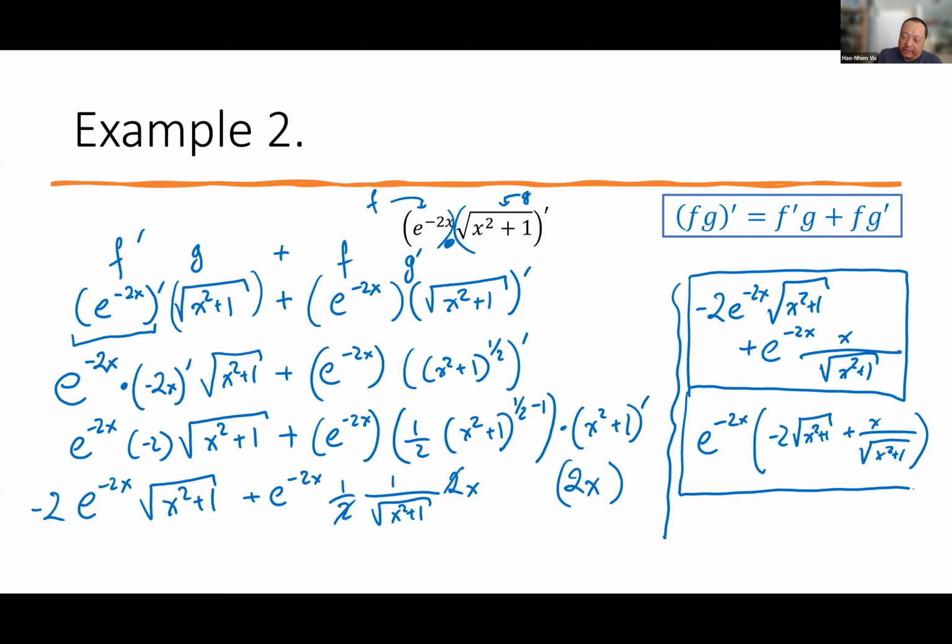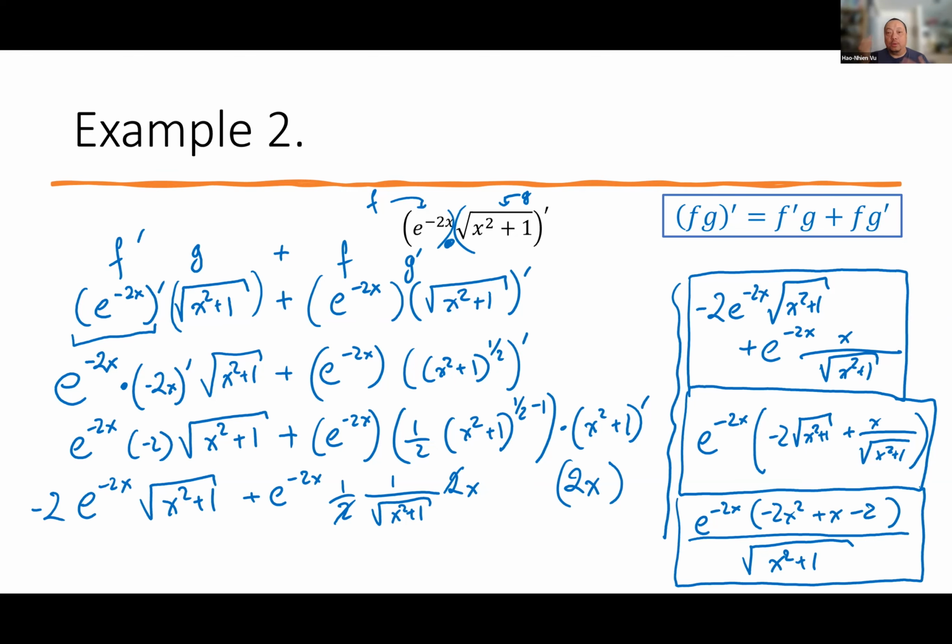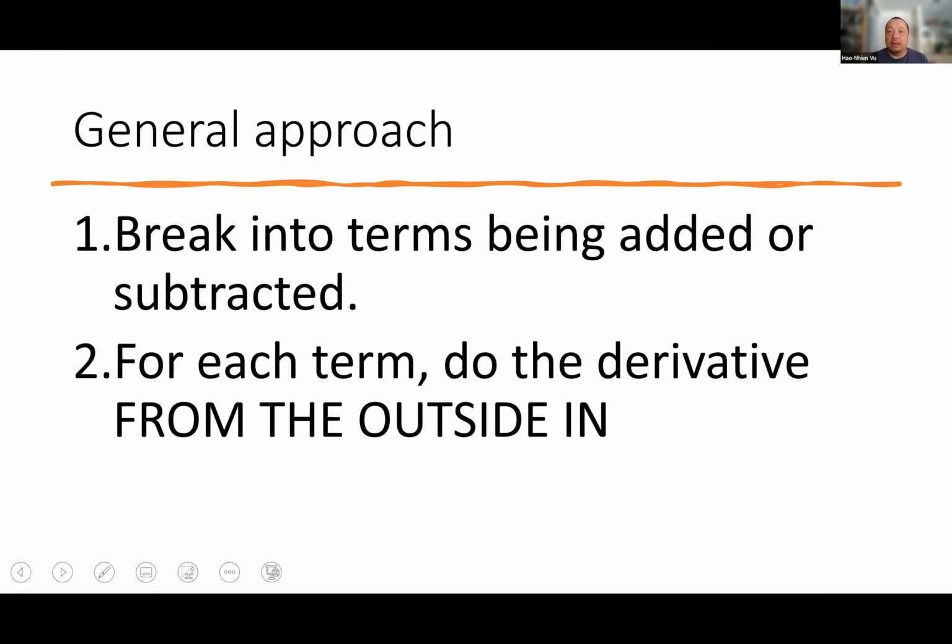So you could write in this form. And you can also take common denominator. Any one of these three is a good answer. All right, I hope that helps.